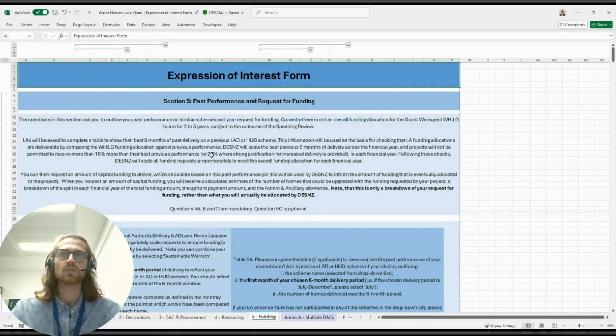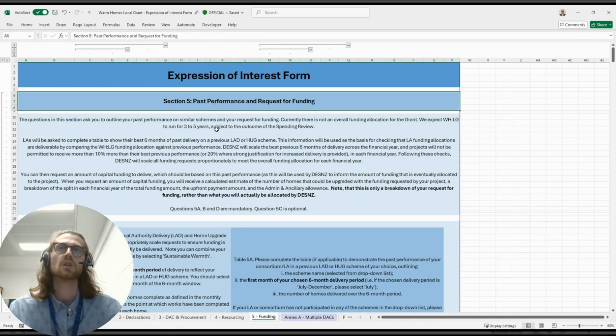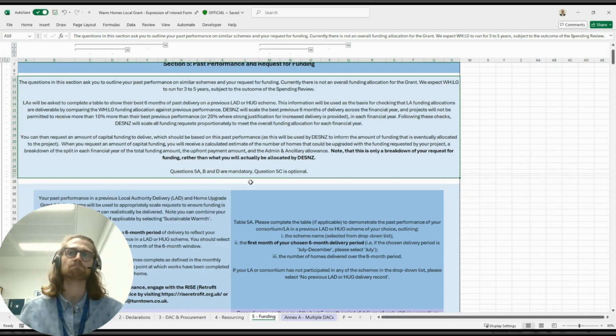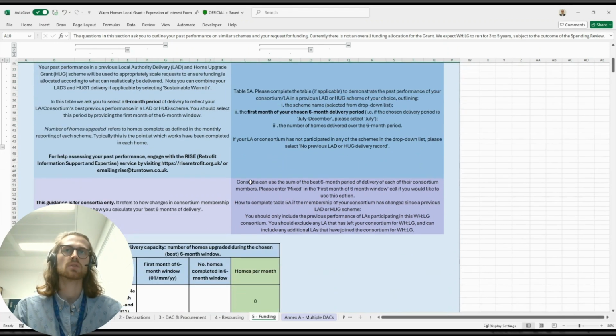So we're now on to section 5 of the form, and this section looks at past performance and the request for funding. As with the other sections, there is a guidance section at the start, and there are 4 questions.